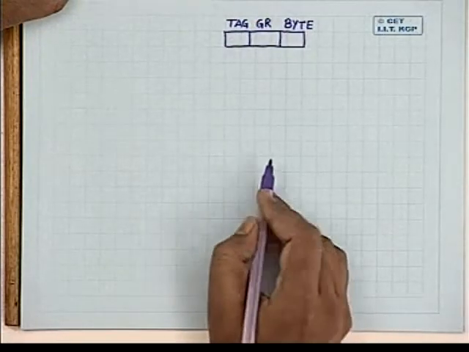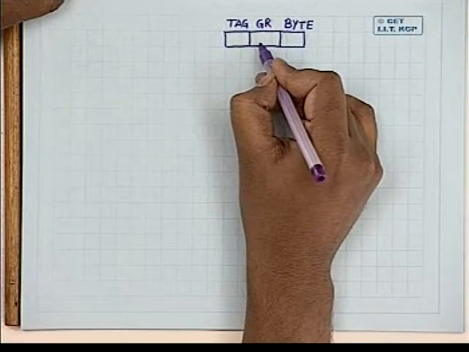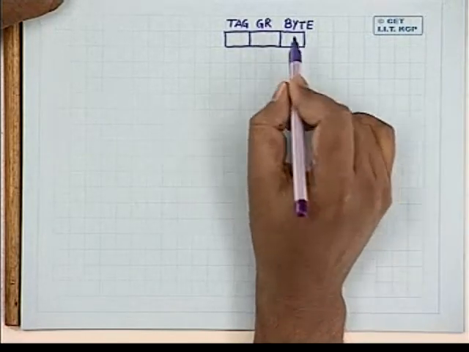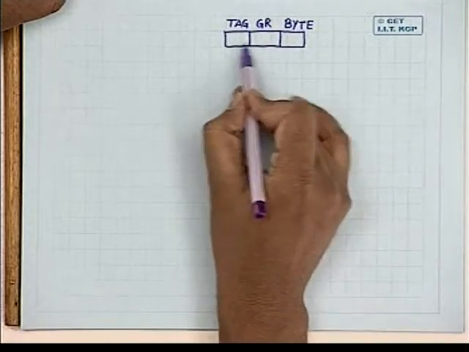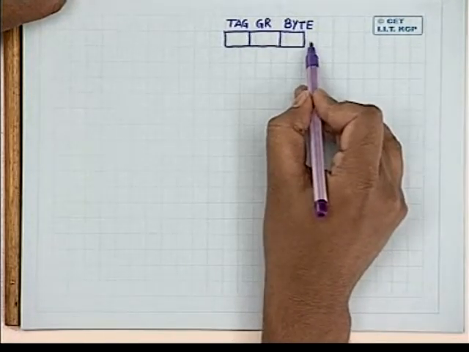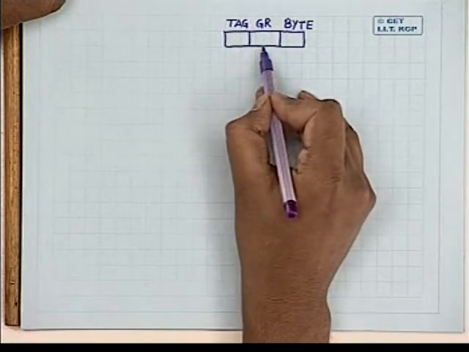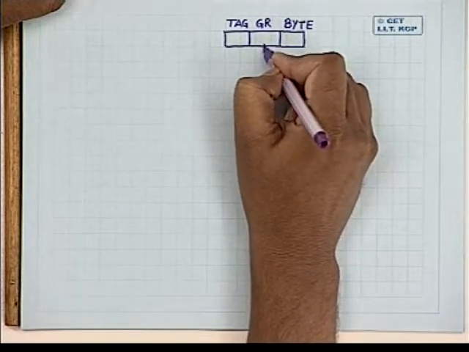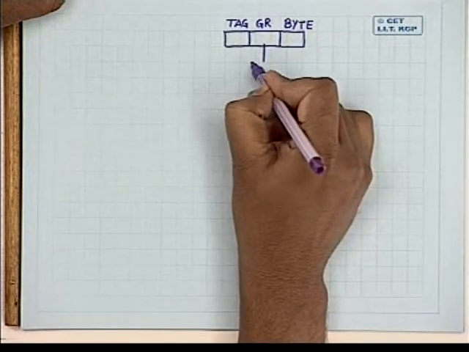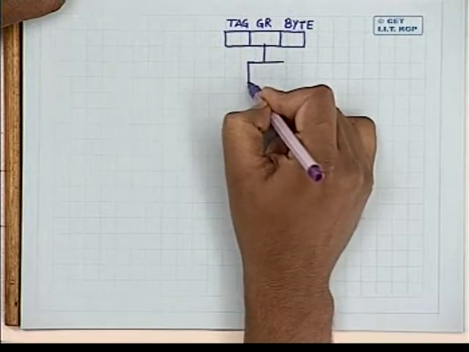Okay. So first what I have to do is I have to identify the group which is being searched for, and this group identification will come from the main memory address itself. The total number of bits in this main memory address is 16, out of which the group field contains 8 bits. Okay. So if I want to identify a particular group, then this group field I have to feed to a decoder.